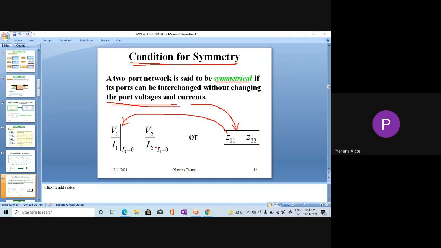Look after this very important information. While solving the symmetry of any network, if you want to judge whether the circuit is following symmetry or not, you need to take out the Z11 value and the Z22 value. If these two values are equal, then you can say the circuit is obeying symmetry.